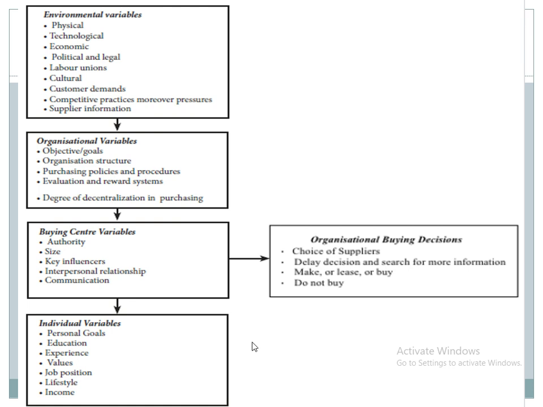So the functioning of the buying center is influenced by the organizational variables, the environmental variables, and the individual variables as well. The output of the group decision making process of the buying center includes solution to the buying problems of the organization and also satisfaction of personal goals of individual members of the buying center.